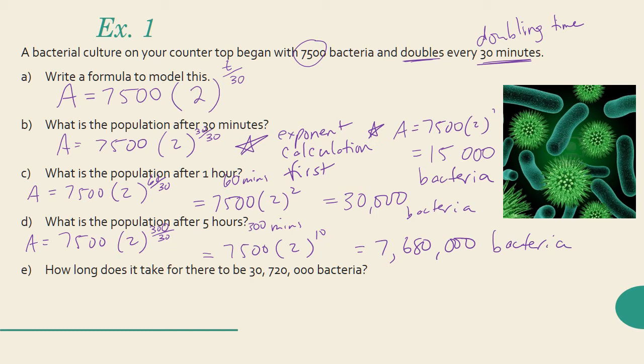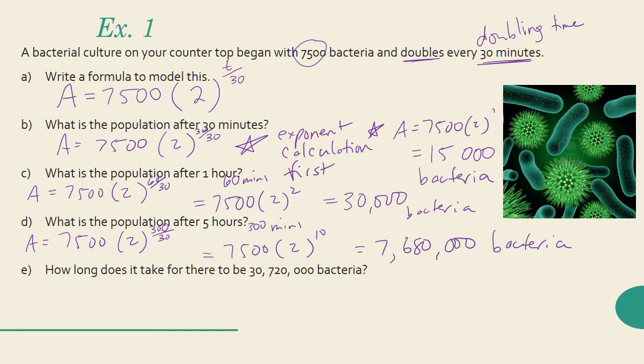The final part of this, E, is kind of going the other way. How long does it take for there to be 30,720,000 bacteria? You have to do trial and error for this. So you're literally just typing into your calculator 7,500 times 2 in brackets to the exponent.